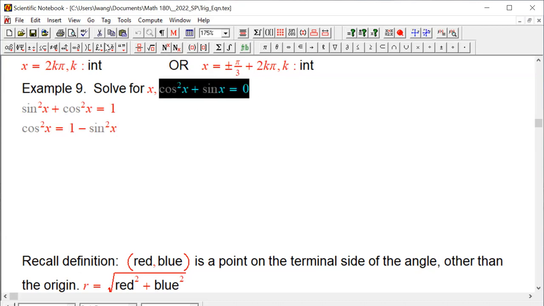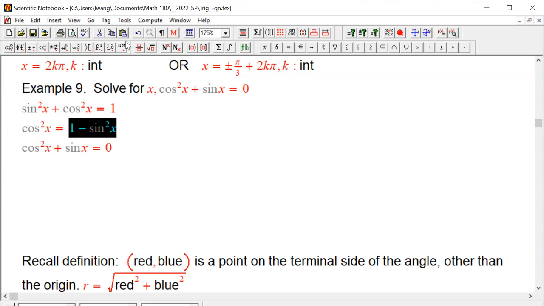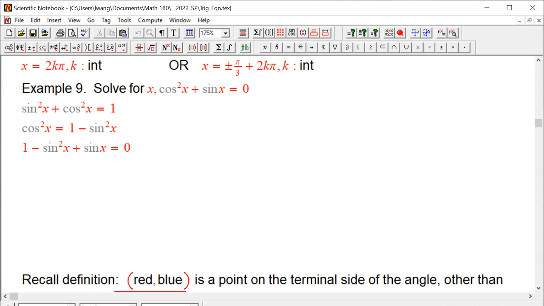So you can see we're going to do a substitution, where cosine squared x is replaced by 1 minus sine squared x. And that replacement will lead us to this quadratic equation.